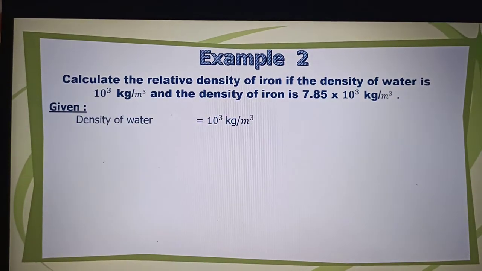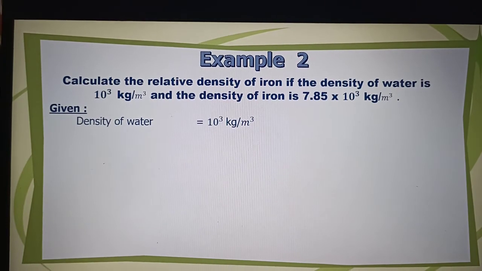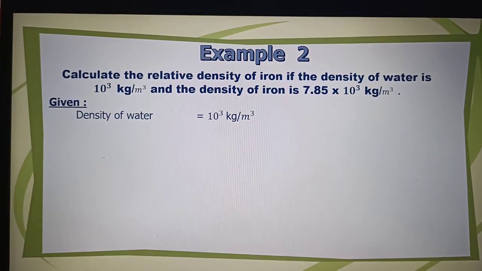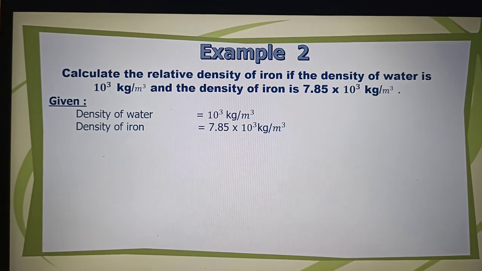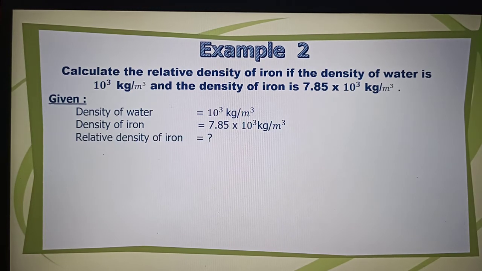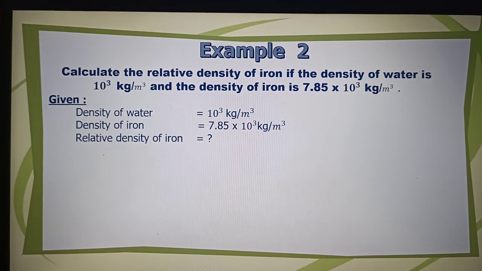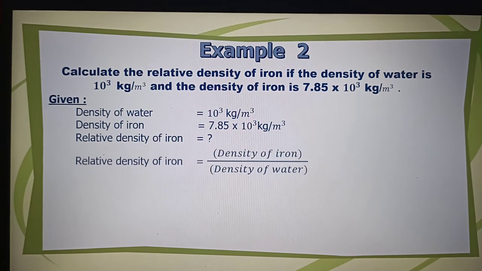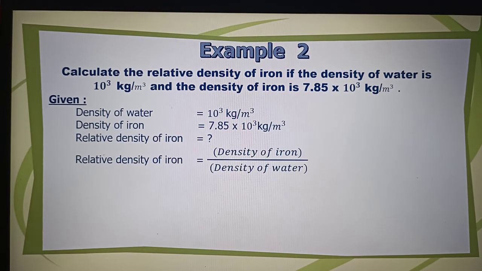Given density of water is equal to 10 raised to 3 kilogram per meter cube. Density of iron is equal to 7.85 into 10 raised to 3 kilogram per meter cube. Here we have to find relative density of iron. The formula for the relative density of iron is density of iron upon density of water.